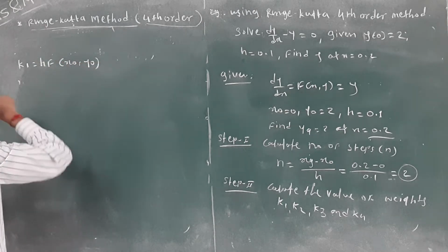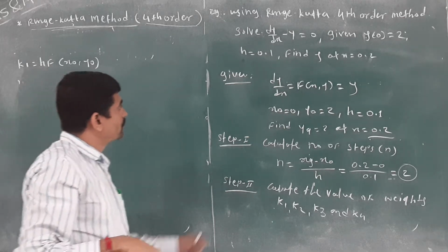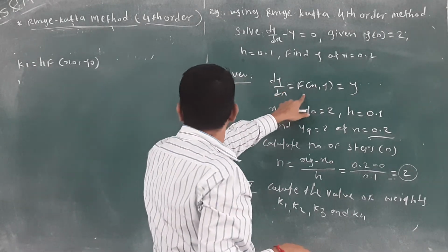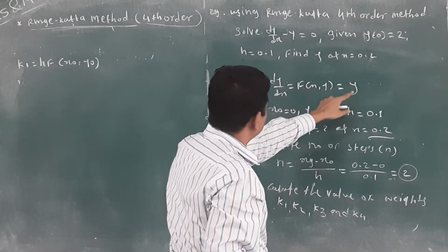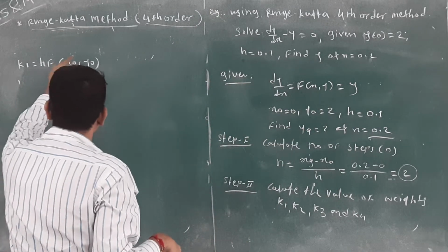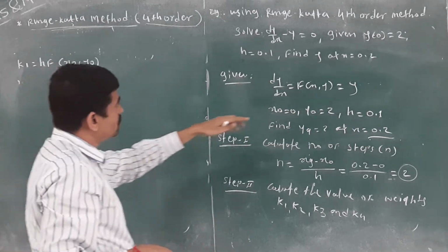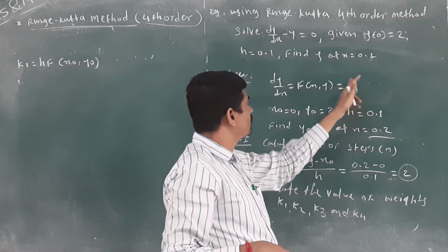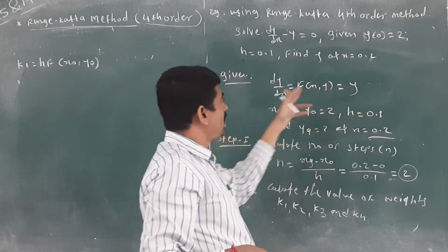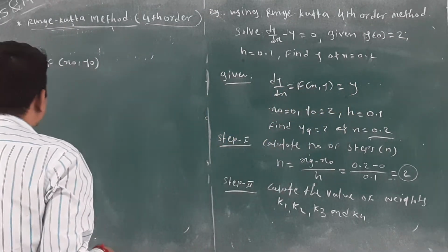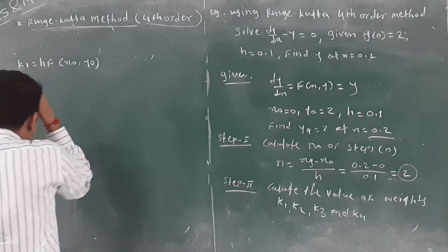What is the function? Check that. Here dy by dx is equal to f of x, y is equal to only y. Means we want to eliminate the x0. X0 is not available in the given function. That's why we directly eliminate the value of x0.